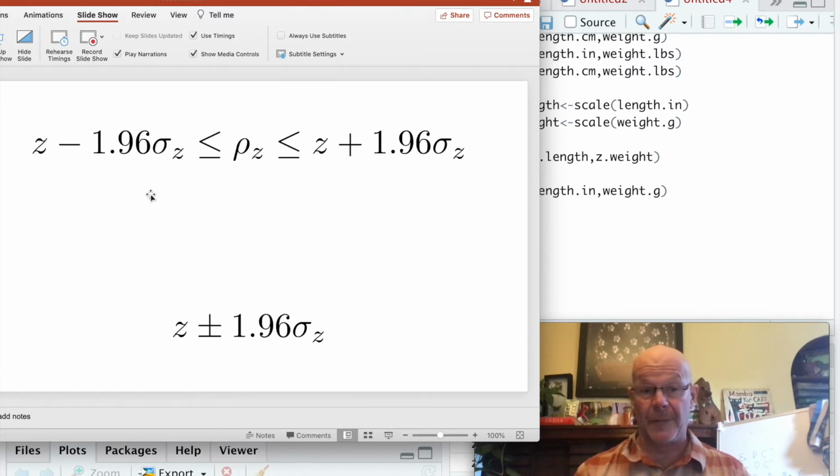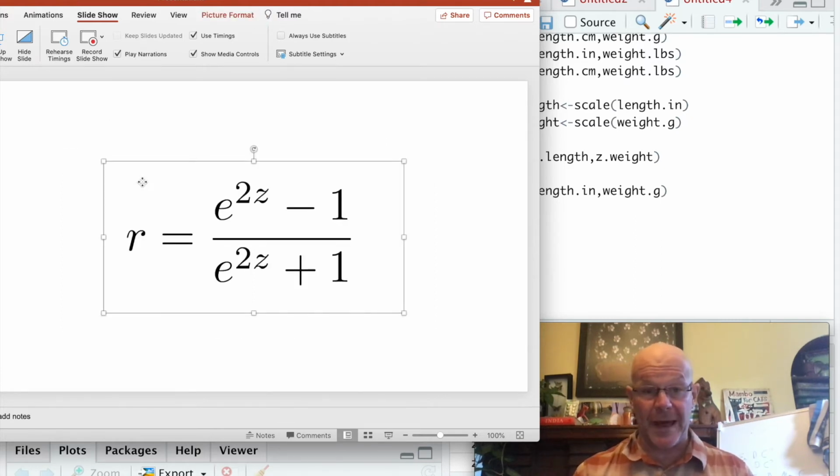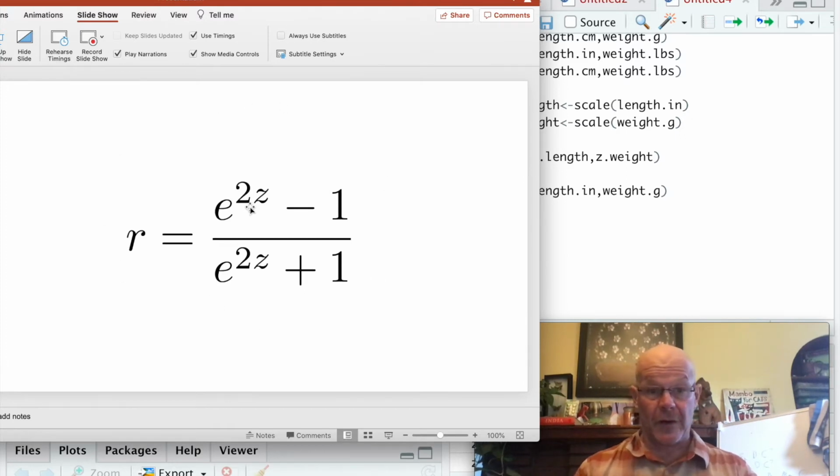Once you have that Fisher's r-to-z transformation and you've calculated what the standard error is around your z transformed correlation coefficient, just plop it into this formula and you can come up with the 95% confidence interval around your estimate of your Fisher's r-to-z. But now we need to back transform it back into r units, which are right here. And so it's e to the 2z minus 1 over e to the 2z plus 1.